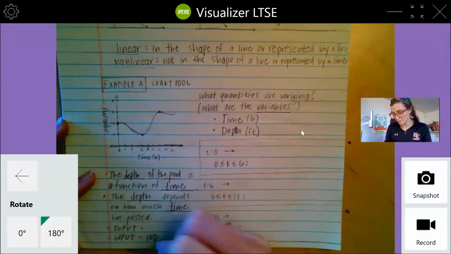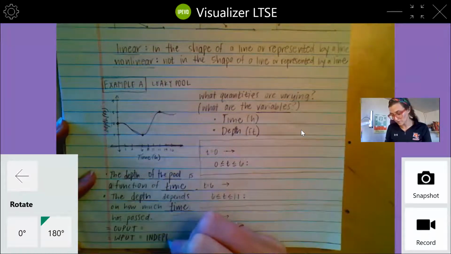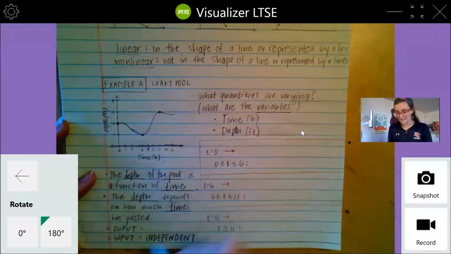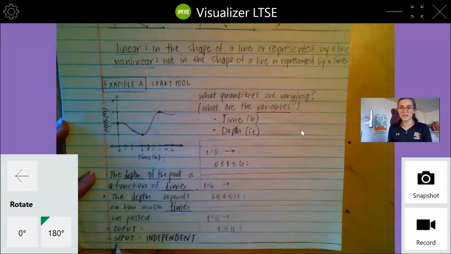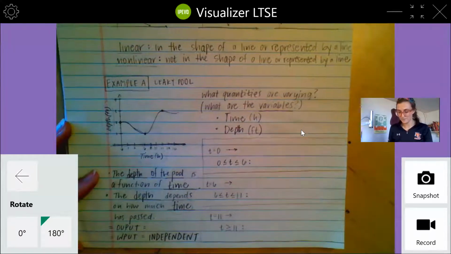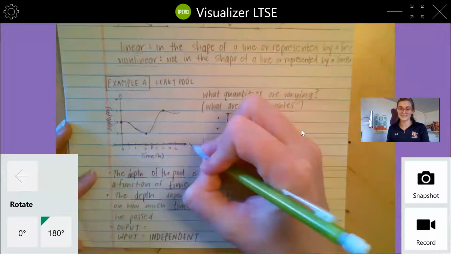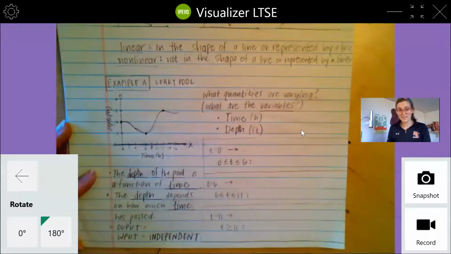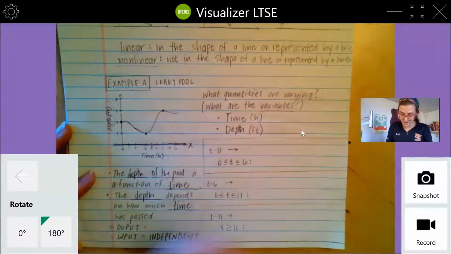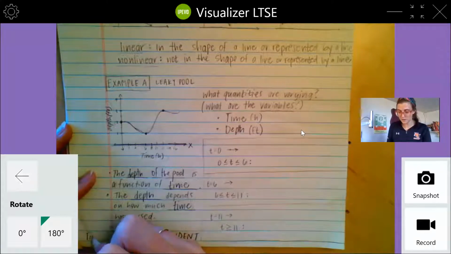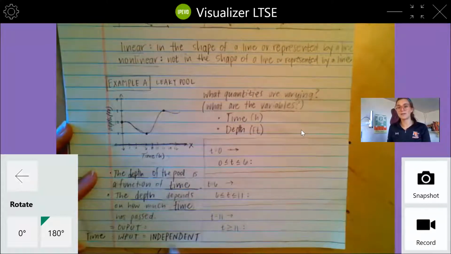Another way to think about our independent variable is our input. It's our x value. It'll be on that x-axis. But in this situation, it's going to be time. Time is our input and is our independent variable.